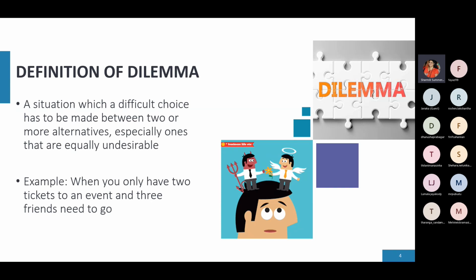So a dilemma could be handled in a moral way or an immoral way. Sometimes you may think that taking only one friend with you to the cinema, leaving the other friend, is okay, because you are eager to see the movie today. So you take one friend and don't think about your good friendship of so many years.